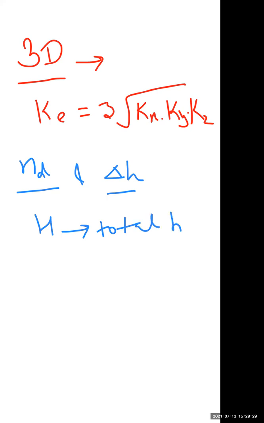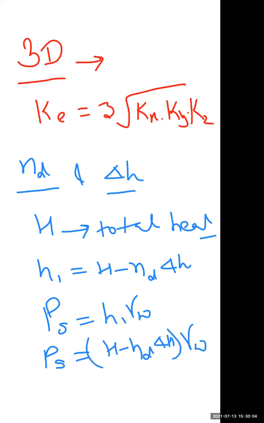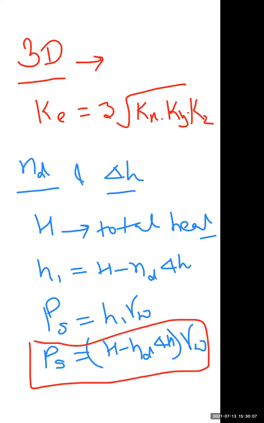The net available head at the point under consideration will be H1 equal to H minus ND into del H. Hence seepage pressure P is equal to H1 into gamma W. Also we can write seepage pressure equal to (H minus ND del H) into gamma W. This is the formula for seepage pressure if total head and equipotential drop are given.